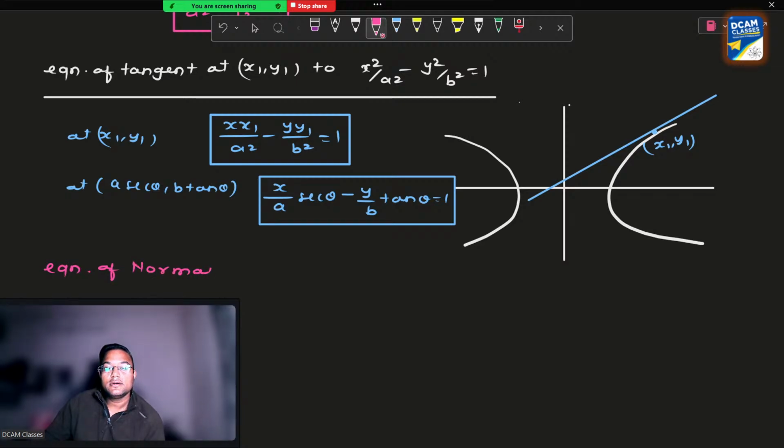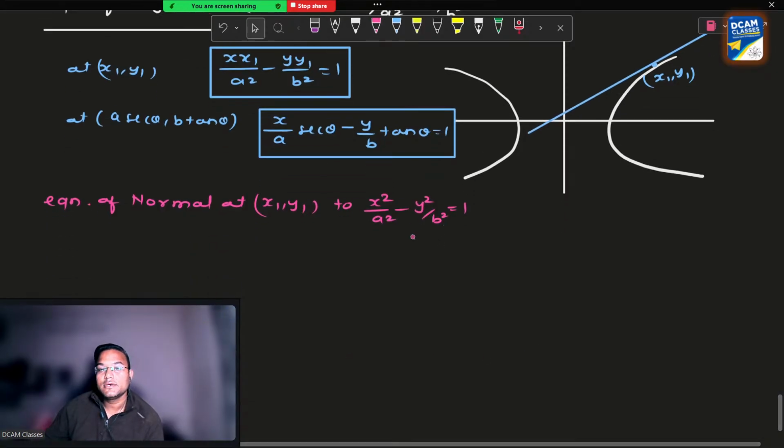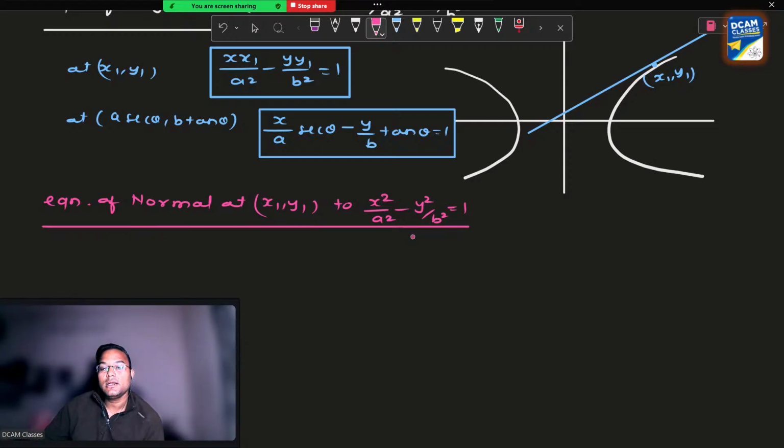Can you tell me the equation of normal at x1, y1? For this, you have to do the derivation. First, you have to find out the slope of tangent, then slope of normal, and then using the point slope form, you have to find out the equation of normal at x1, y1.